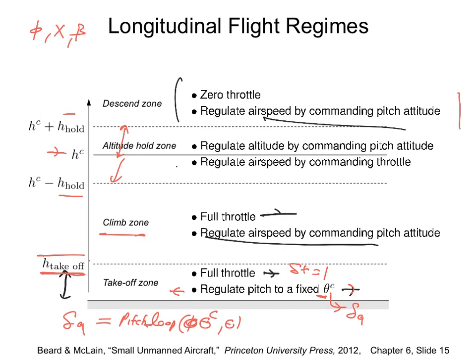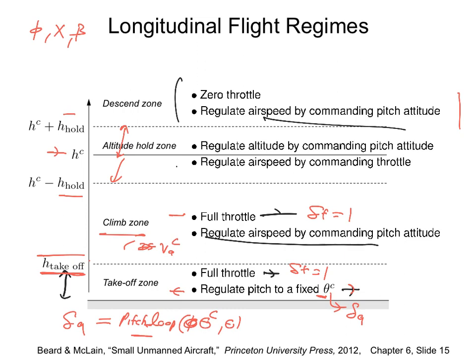In the climb zone also your delta T equals 1, and we will discuss all these loops. So basically here we have one loop, the pitch loop. Here you have to control your airspeed in the climb zone. So the airspeed can be, let's say, 35 meters per second or whatever VA commanded is. So you have to control it using pitch.